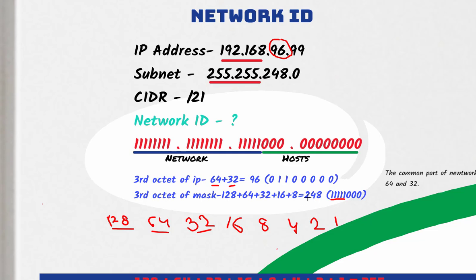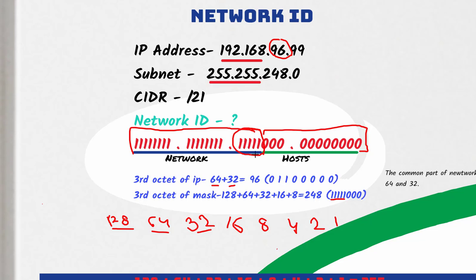Now if I compare, what is the common part? As you know, this part is for the network and the rest of the part we can configure for our hosts. In this network part, the only changing part is the third octet, so I am considering the third octet.